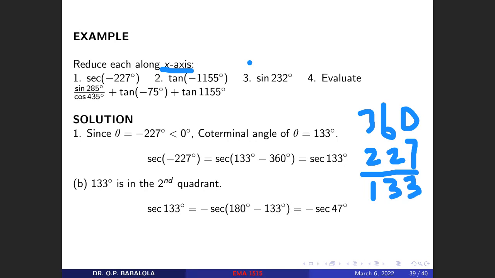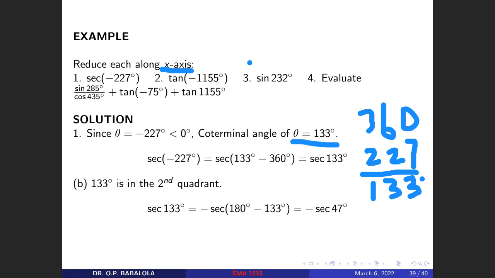Okay, so we have 133 degrees as a coterminal angle of minus 227. Is that right? Do we all agree? I've shown you that. So we'll now go back to our table.